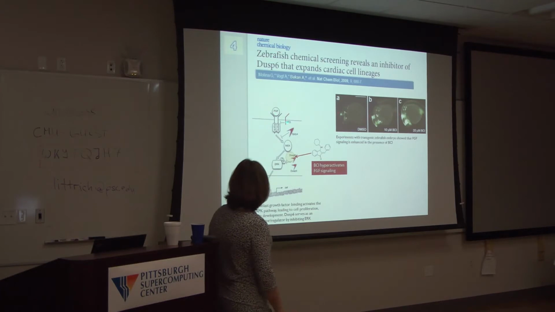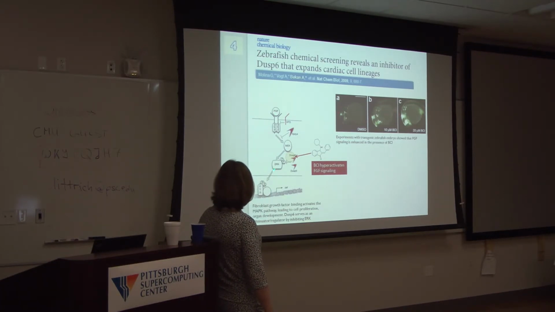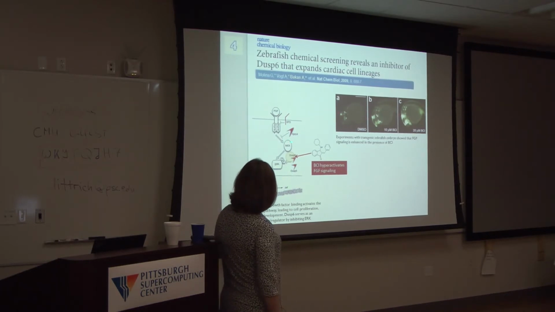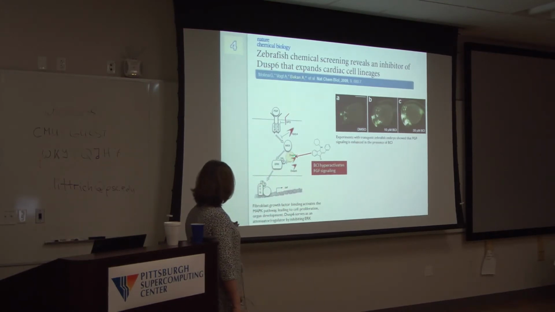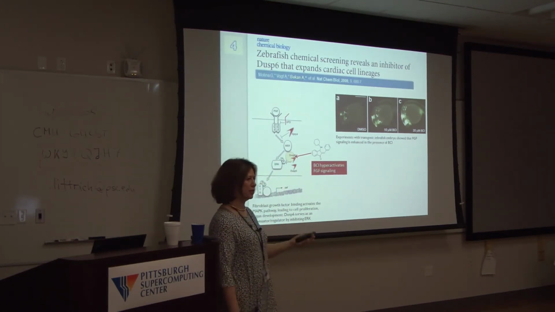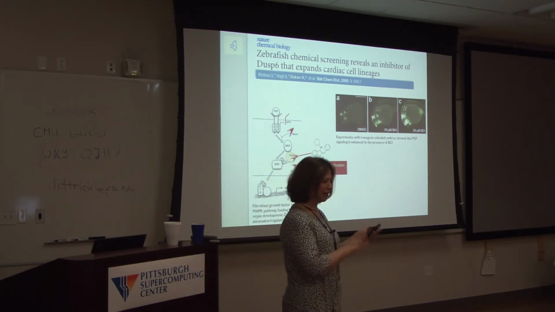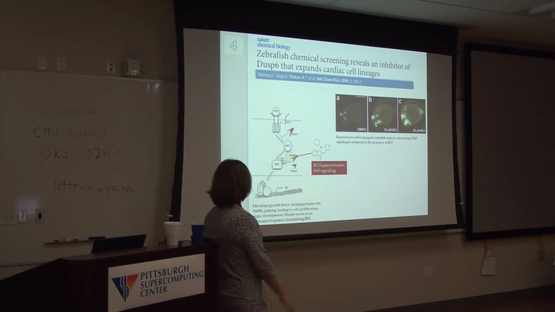There are kinases involved, etc., so it goes all the way to the DNA. One of the components here is DUSP6, which stands for dual specificity phosphatase 6, a bad target on which we spent some time.